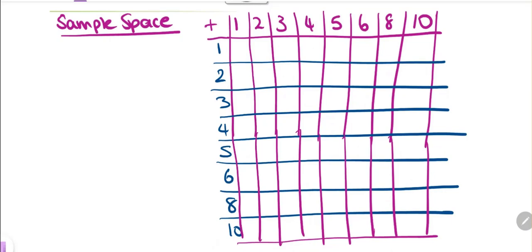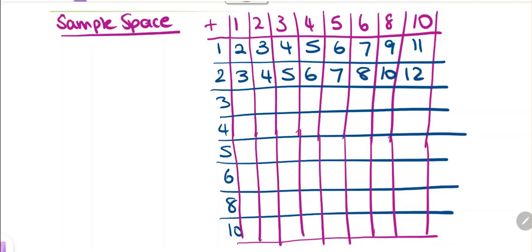So 1 and 1 is 2. So we've got 3, 4, 5, 6, 7, 9, and 11. If we keep adding, we've got 3, 4, 5, 6, 7, 8, 10, and 12. Then 4, 5, 6, 7, 8, 9, 11, and 13.